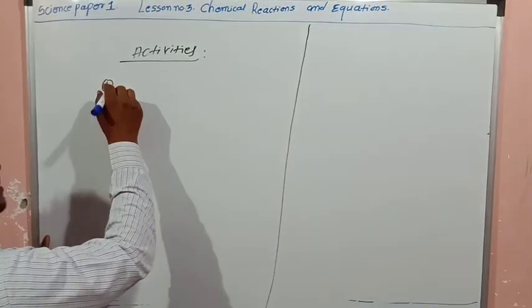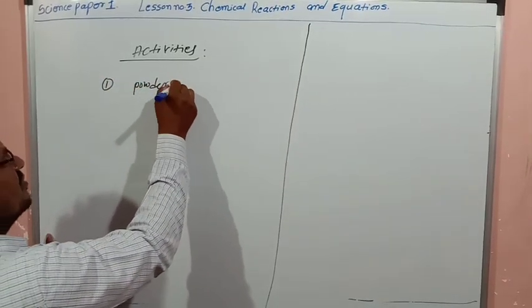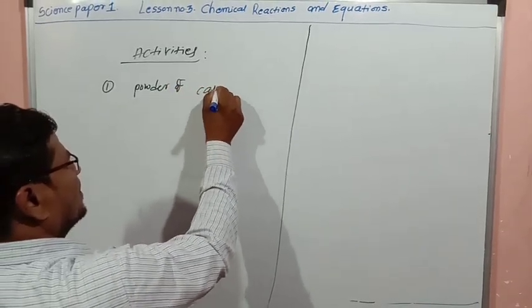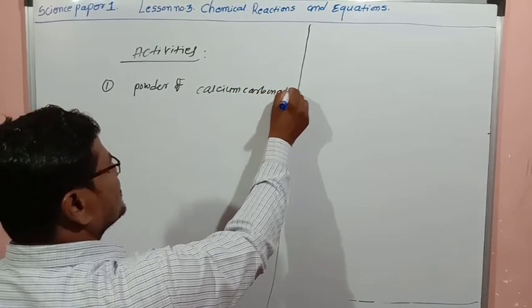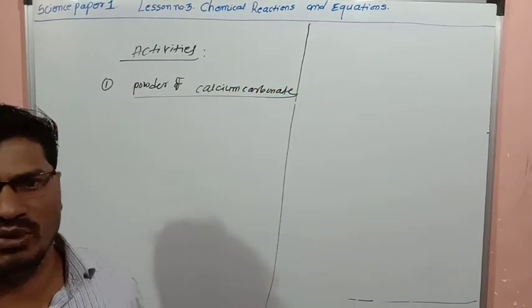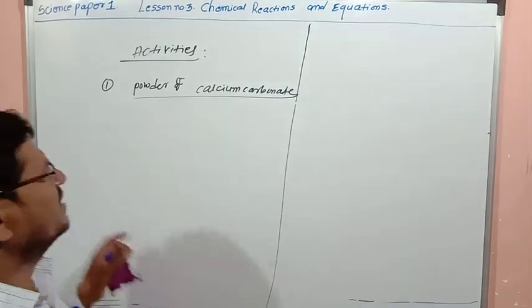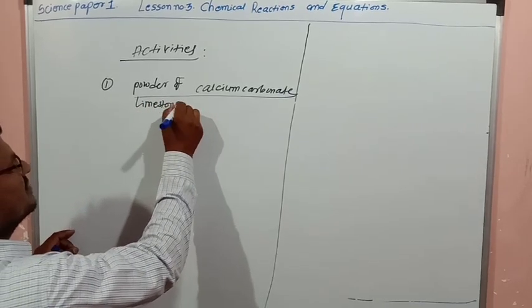Suppose first, you will take a powder of calcium carbonate, that is limestone.